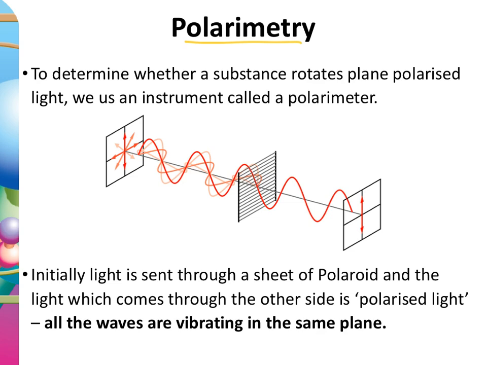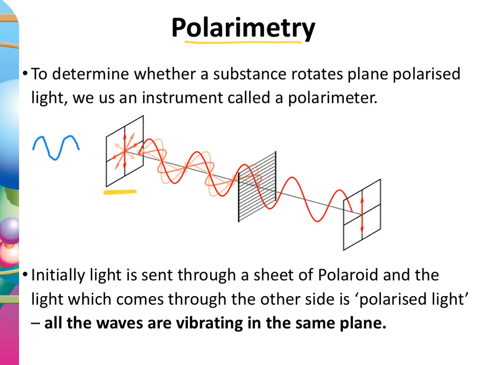So light vibrates in all directions, and that's what the image at the beginning is supposed to represent. You've probably at GCSE done light or the electromagnetic spectrum at some point, and you would have known it was a transverse wave, and you would have drawn waves of that nature.